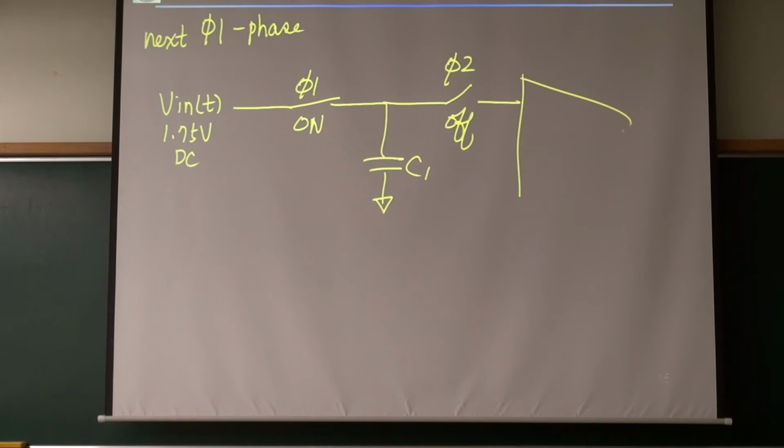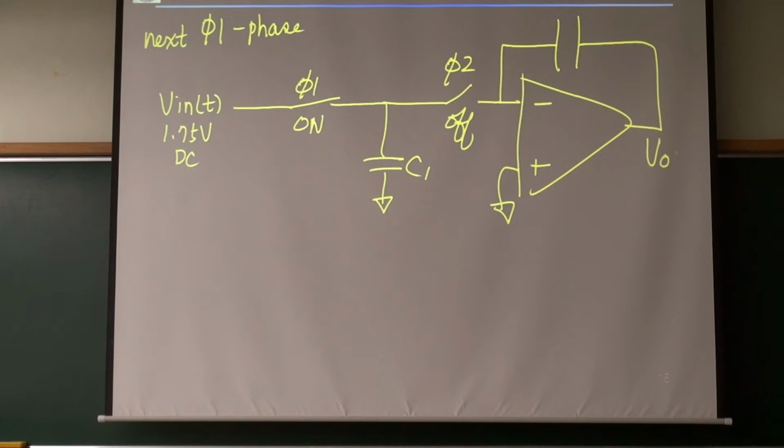Then my op-amp remains there, and this VOT is here. This is my C2. Because there is no current, and also negative feedback by C2, this voltage remains at 1.65 volt, right? There is no current.